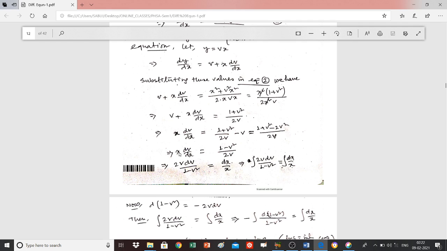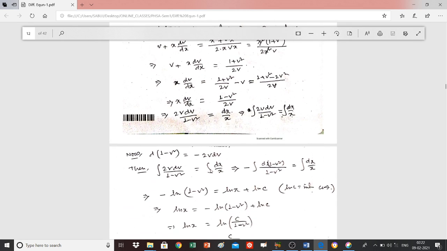And from here after simplification you will have x dv by dx is equal to 1 minus v square by 2v. The simplification process is given here. So from here you can write 2v by 1 minus v square into dv is equal to dx by x, and just integrate 2v dv by 1 minus v square, that is equal to dx by x.